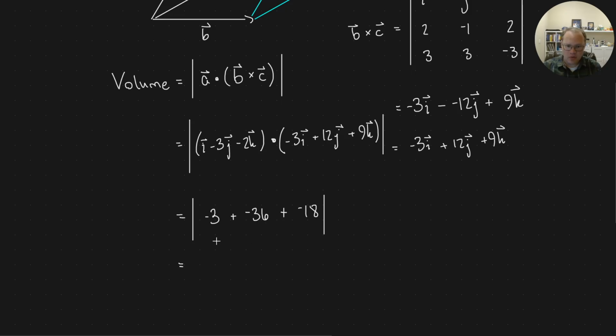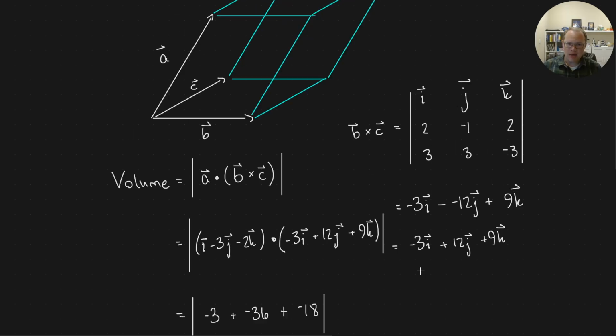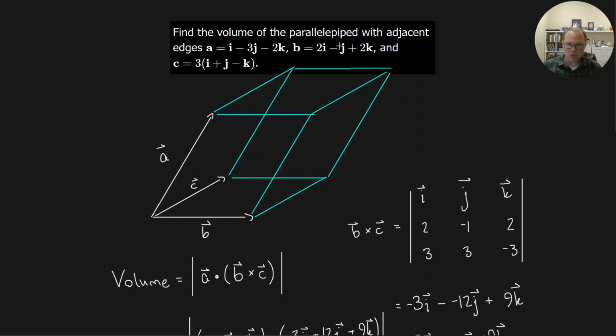And so I have negative 3 plus negative 36 plus negative 18. So I get negative 39, negative 75, negative 57. And it's inside absolute values, so it turns negative 57 into a positive 57. That is the volume of the parallelepiped determined by these three vectors.